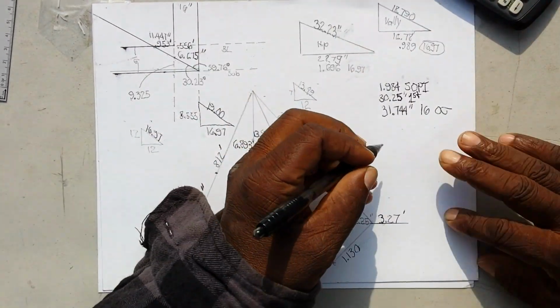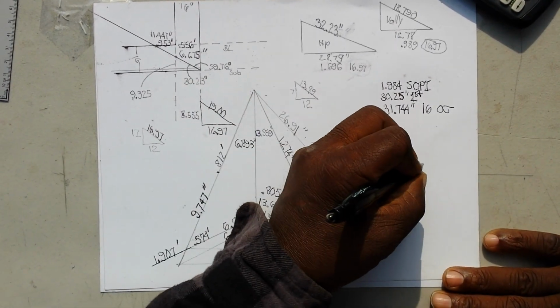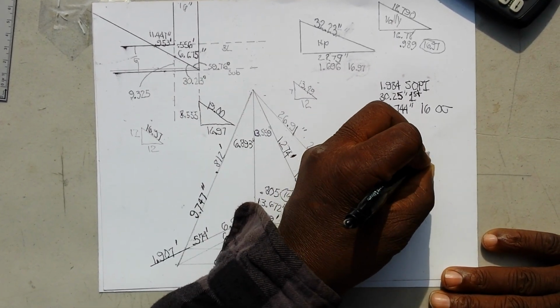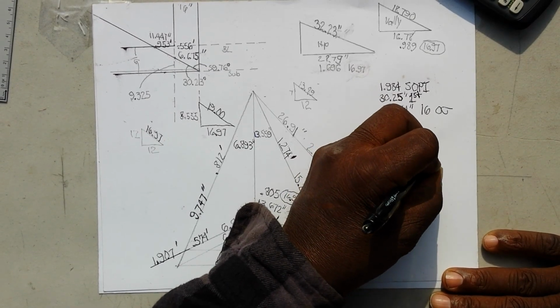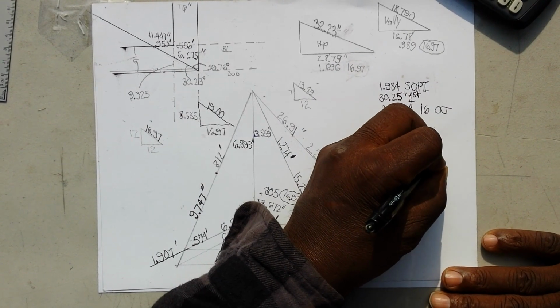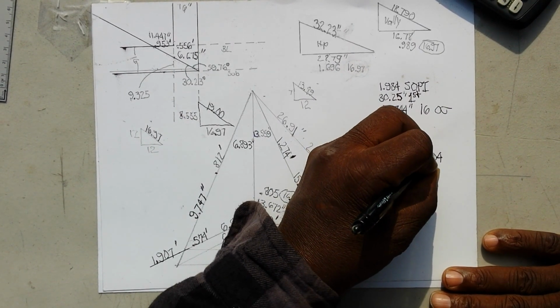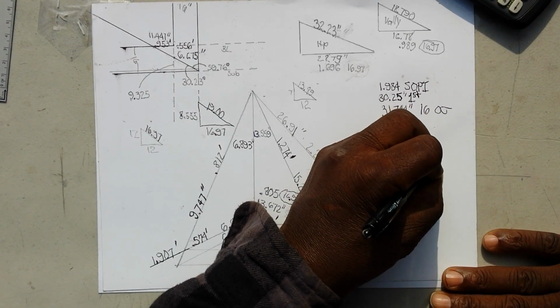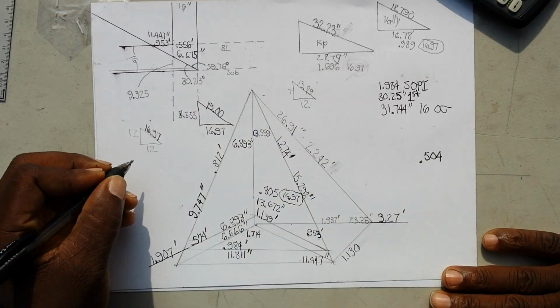Okay, so what I'm going to do here is write 0.504.